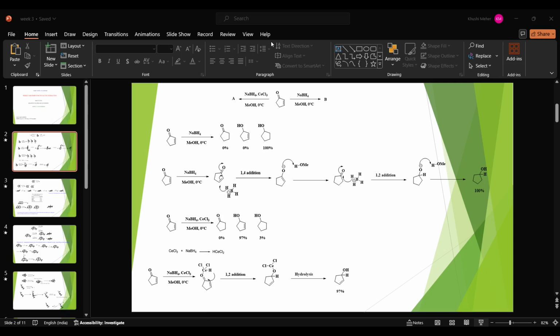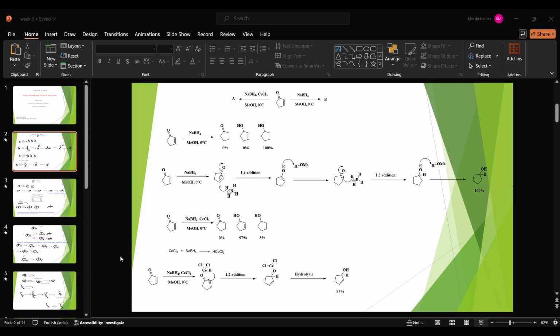In the first case, where the product will be B, as there is no Lewis acid, we got only the secondary alcohol. It will completely reduce to the corresponding secondary alcohol. But when we have a Lewis acid, particularly cerium trichloride, it will form a cerium dichloride hydrate.